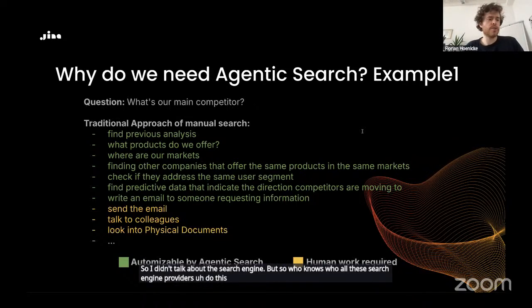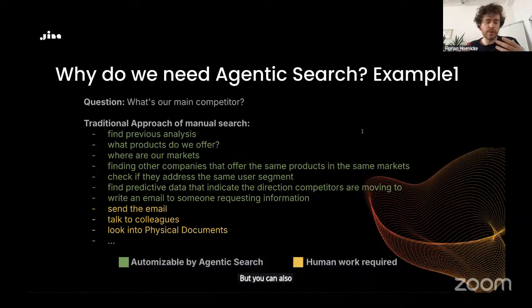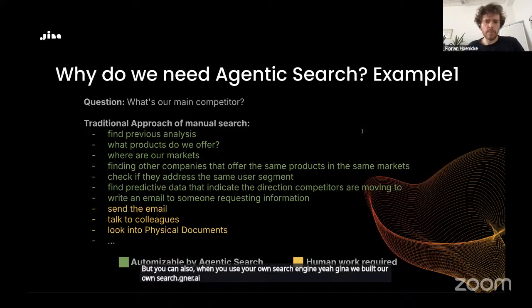They certainly use keyword search and also some similarity search metrics to come up with the top search results. But when you use your own search engine, like here at Jina, we built our own search engine, search.jina.ai, we also use these metrics. You can build your own engine and use whatever metric you want. So that's the freedom there.